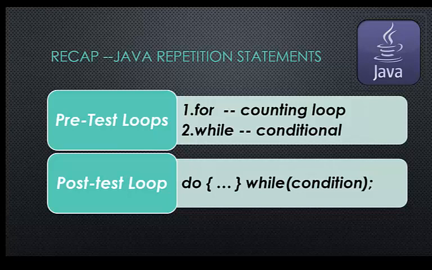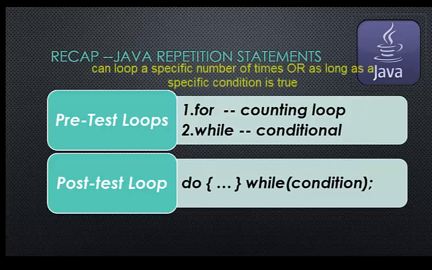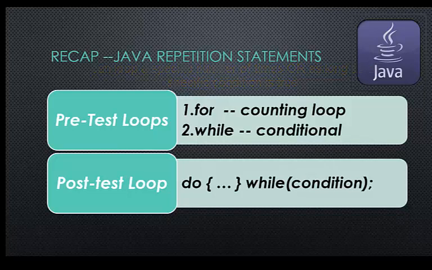The for loop is what's called a counting loop because we are going to execute that a certain number of times based on the condition variable, counting up to some or down to some value. The while loop is what's known as a conditional loop. It's a little bit more flexible of a loop and works under all circumstances.